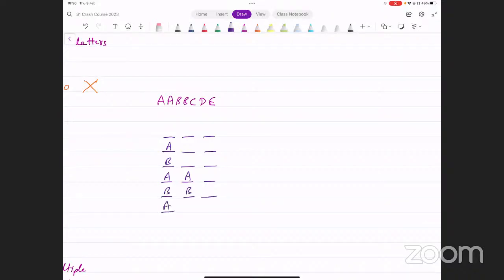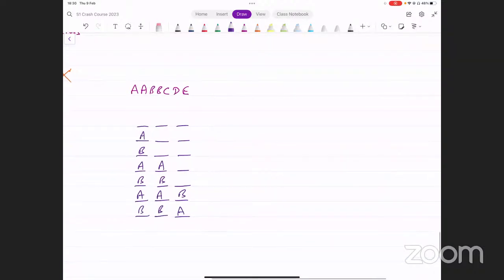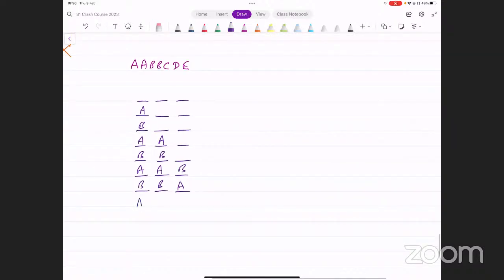Another possibility would be that you're selecting two A's and one B. Another would be that you're selecting two B's and one A. And that's pretty much it, I think. You could also have one A and one B. That could also be a possibility. So you'll have to list down all of those different cases like this. And then find those combinations from each of these cases and add all of them up.